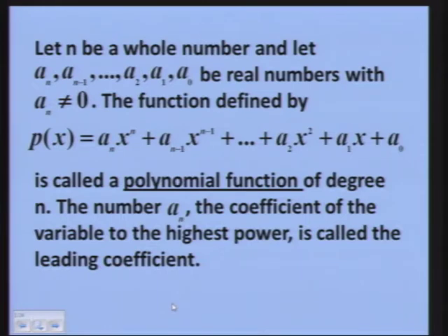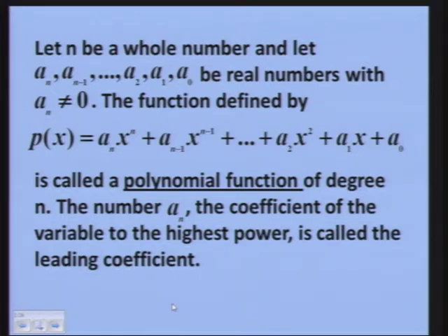Then the function defined by p of x equals a sub n x to the n plus a sub n minus 1 x to the n minus 1 plus, and go on until we get down to a sub 2 x squared plus a sub 1 x plus a sub 0, we have what's called a polynomial function of degree n.